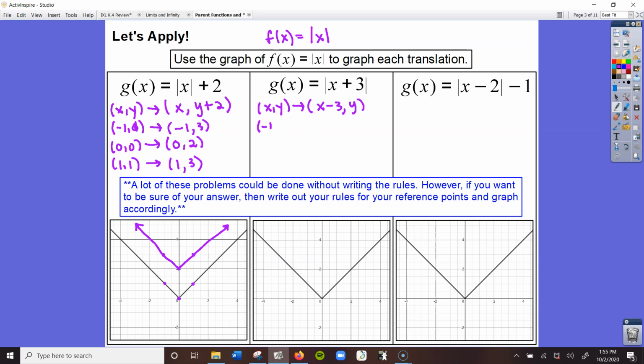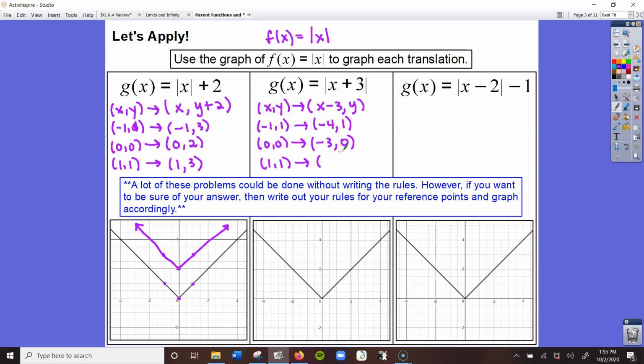So now we use the same reference points, (-1, 1), (0, 0), and (1, 1). And when I plug it into the rule, we do -1 minus 3, which is -4, and the y stays the same. 0 minus 3 is -3, and then the y is 0.